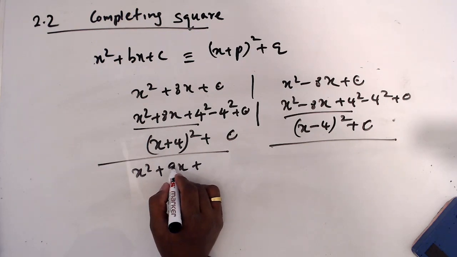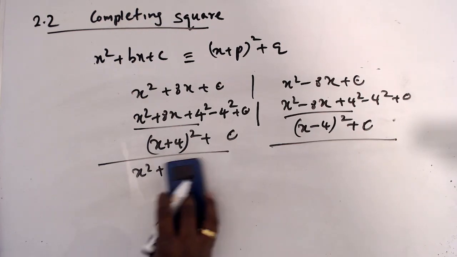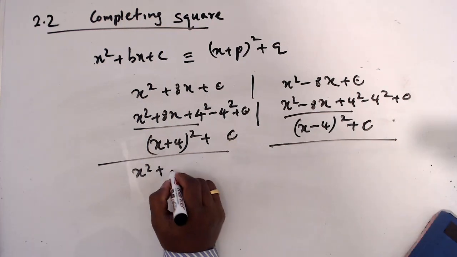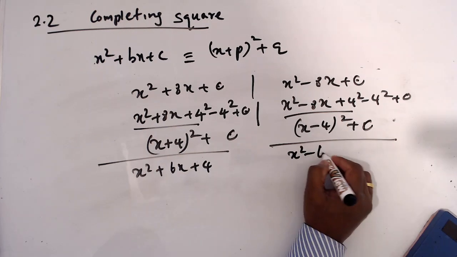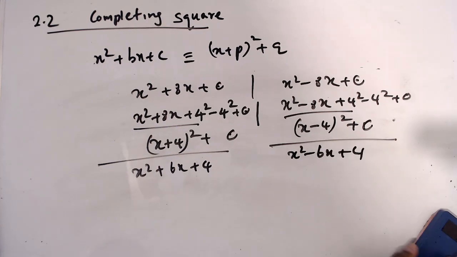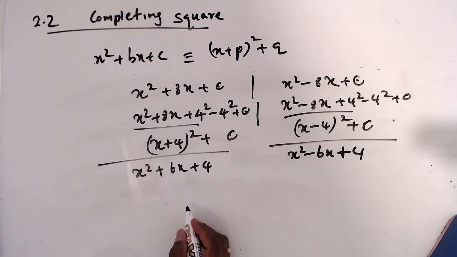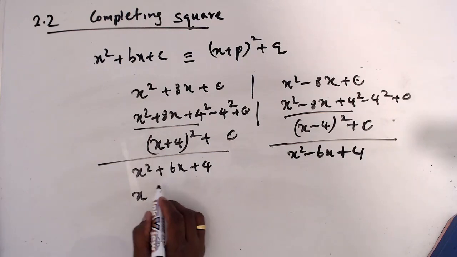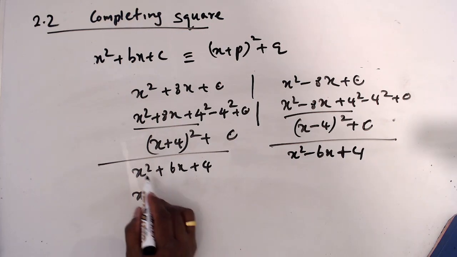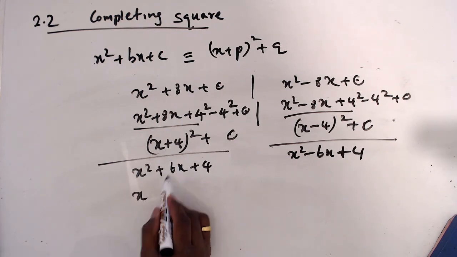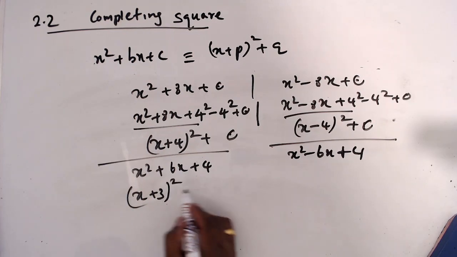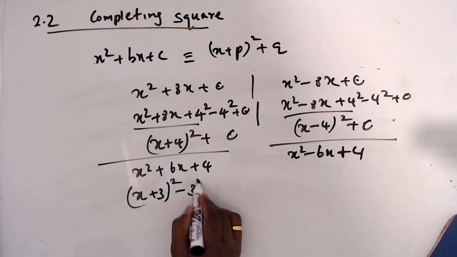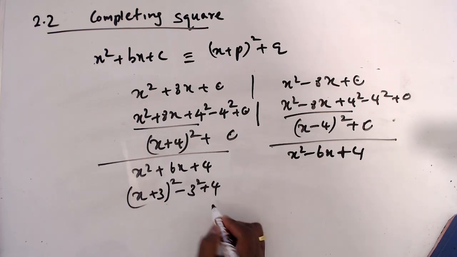Now if we have x square plus 6x plus 4, and x square minus 6x plus 4, then we know that I can write x and half of 6 is 3, then square, then I minus 3 square and plus 4.